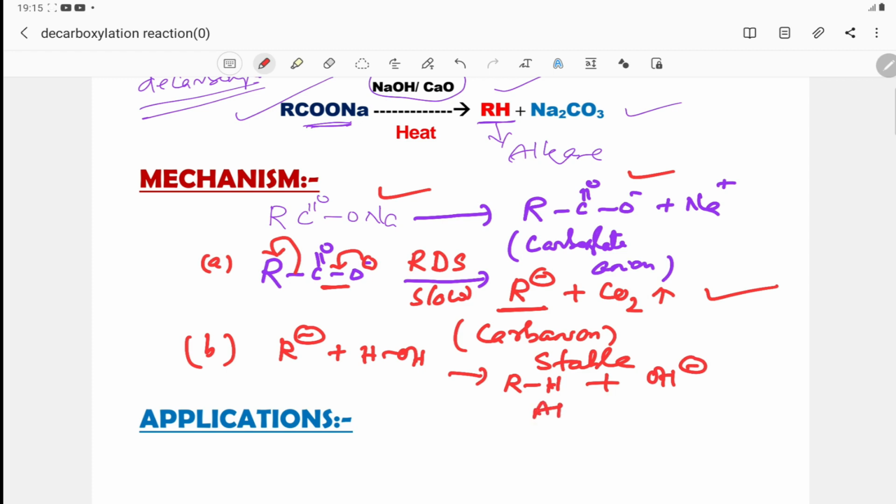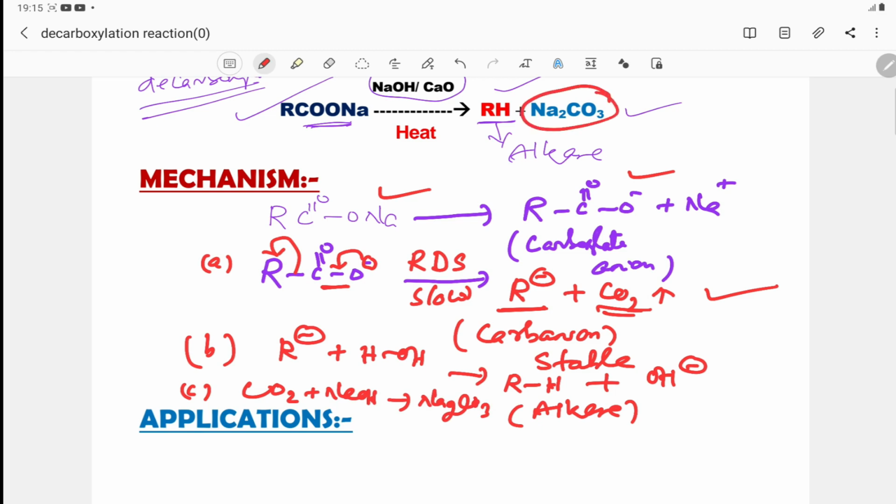This RH is the alkane. The carbon dioxide produced in the first step reacts with sodium hydroxide forming sodium carbonate. So ultimately the product is sodium carbonate along with the formation of alkane. This is the mechanism of soda lime decarboxylation.